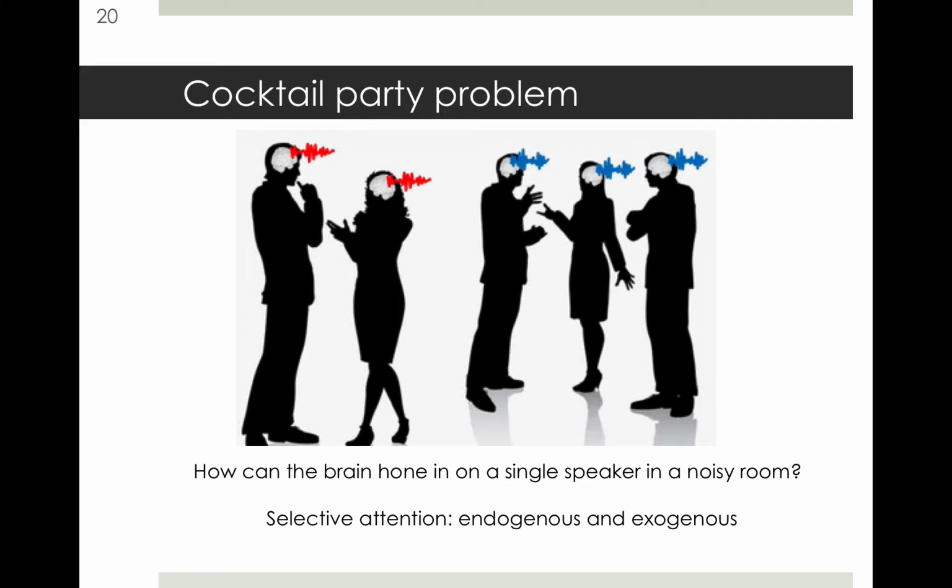You and I could be having a nice conversation right now, and then somebody else over there mentions my name, and suddenly I'm like, oh, what's happening over there? That's a breakthrough of something that was originally unattended. That's exogenous attention, when something that is not attended suddenly takes over attention.